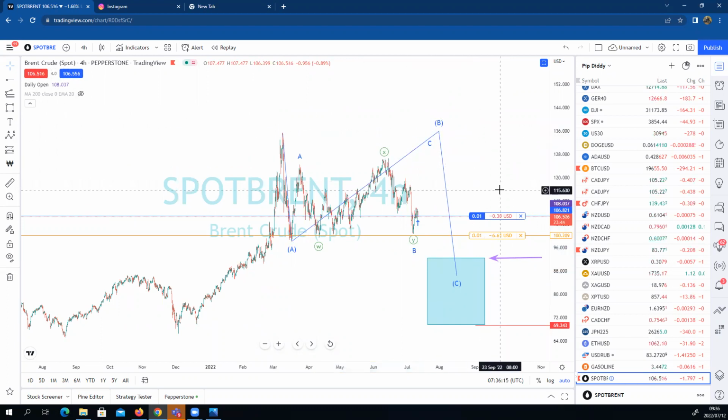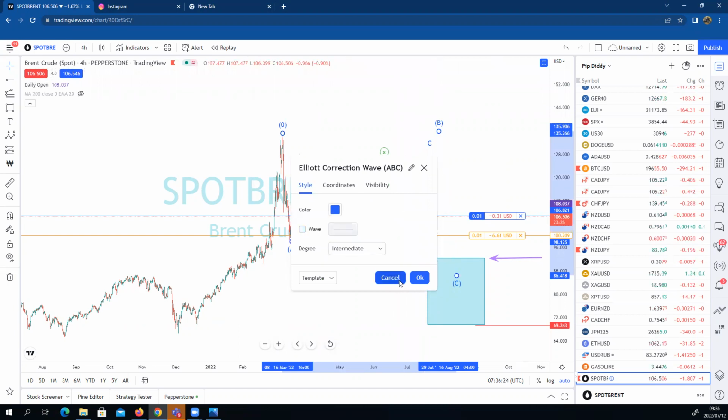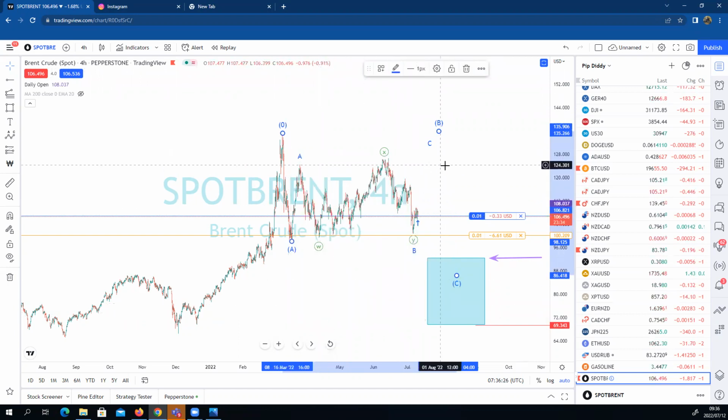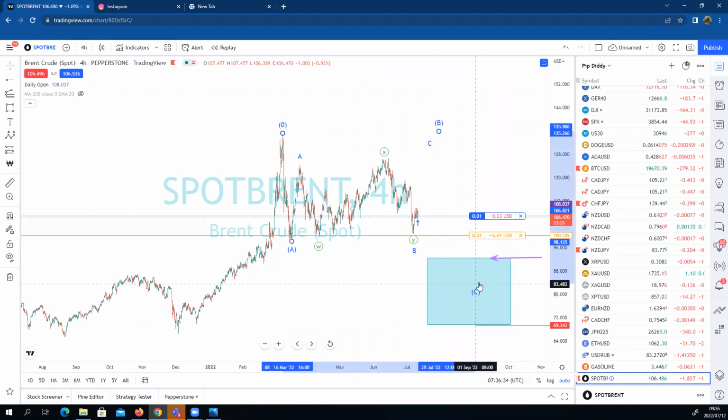Okay. So now we can clear this wave. Okay. So there we have our structure, and we even have a blue box set up.